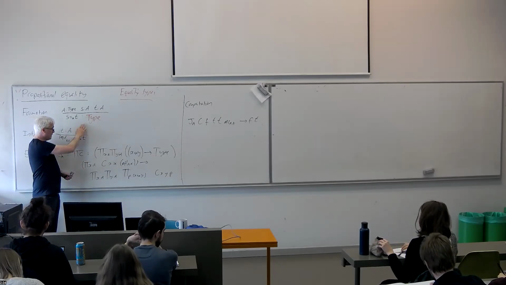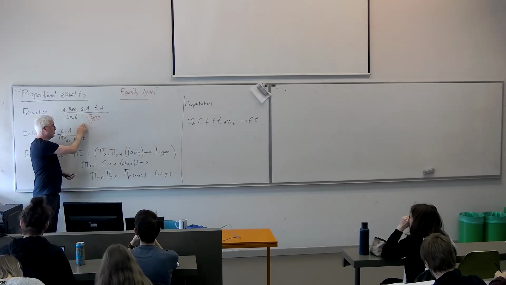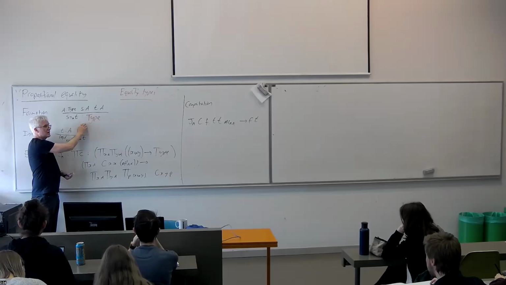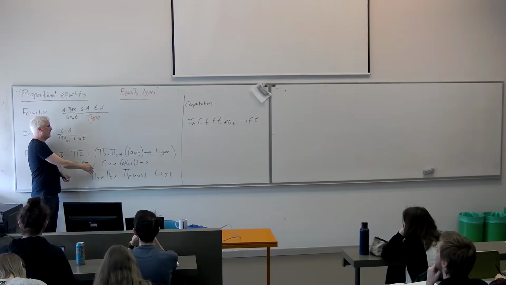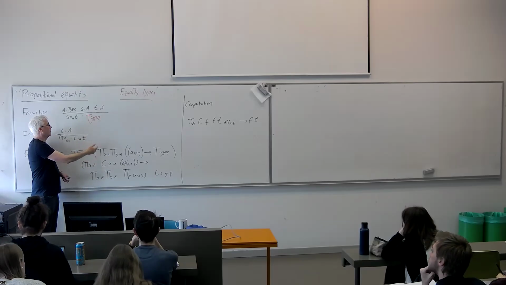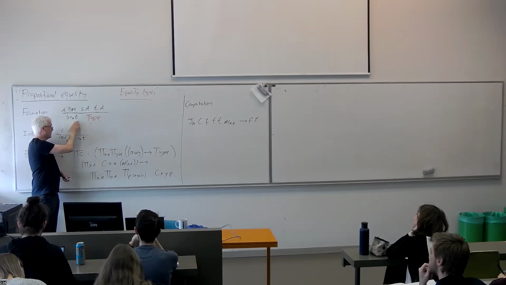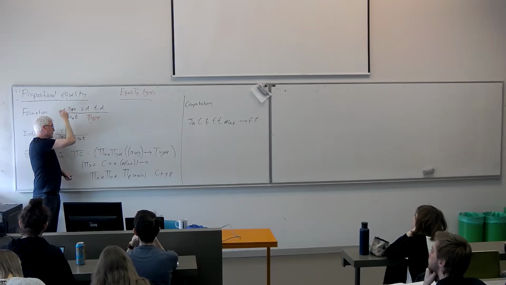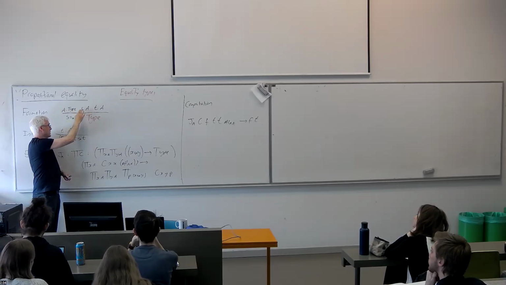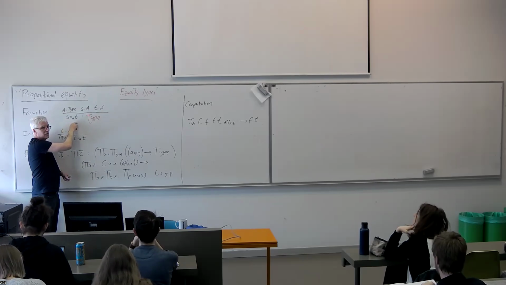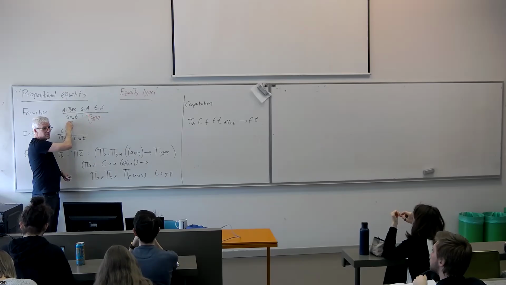In the noughties, it was discovered that these rules exactly correspond to rules for understanding this equality as homotopy. There's an interpretation of type theory in terms of topological spaces, and this equality relation was that S and T are homotopic in these spaces.